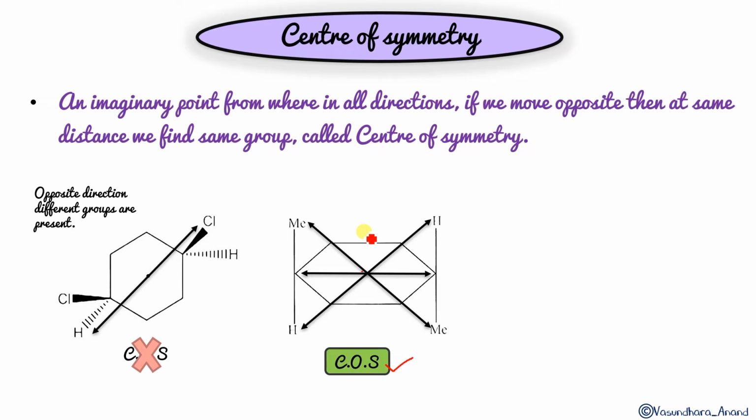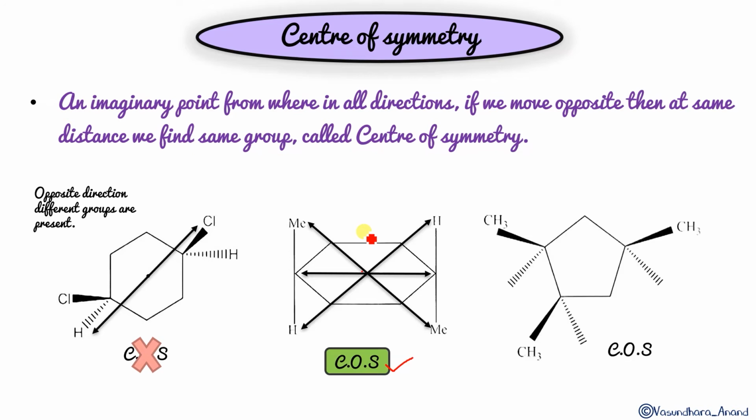Okay, so this green means yes, COS is there. Now in this case, if we look here, is there any center of symmetry or plane of symmetry? Absolutely not, not from anywhere. Got it? If I'm talking about center of symmetry, see, in all directions, am I going to get the same compound? This way the carbon is there, but this way no carbon is there.